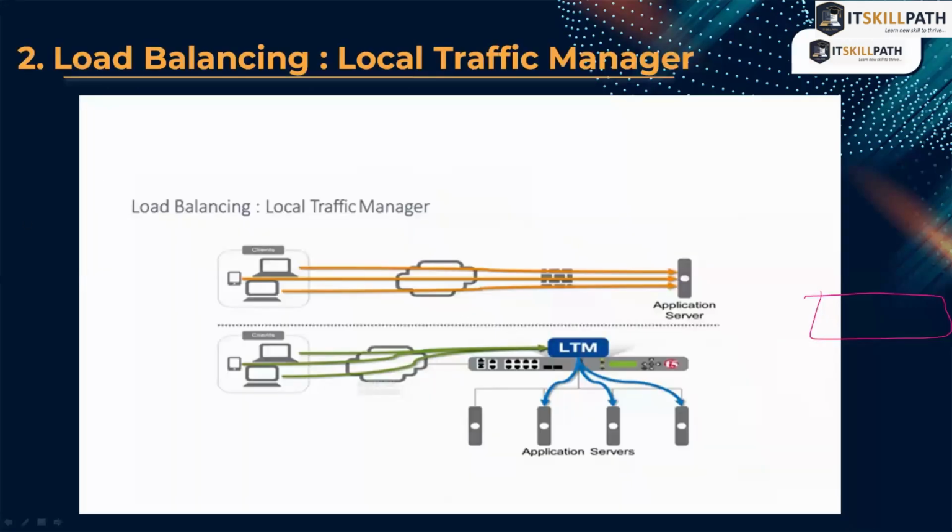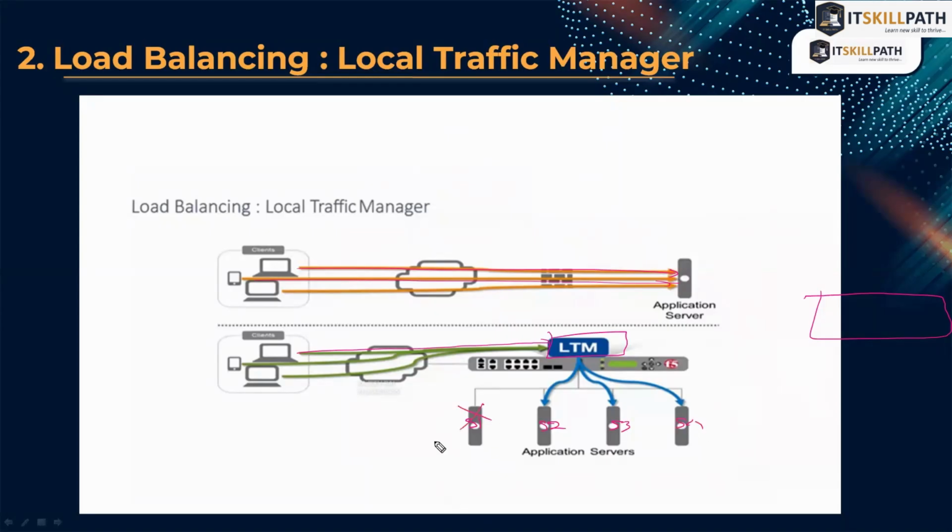How do we do that? See here, earlier we were directly accessing our application server, correct? Now the load balancer comes into the picture, and we are sending traffic to the load balancer. The load balancer monitors the backend servers. Earlier, like we have four servers, and server one went down, leaving S2, S3, S4.